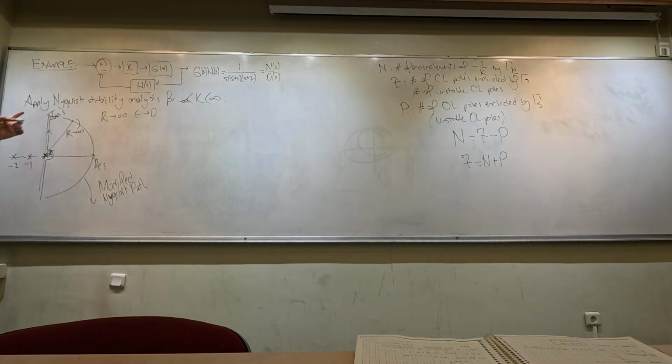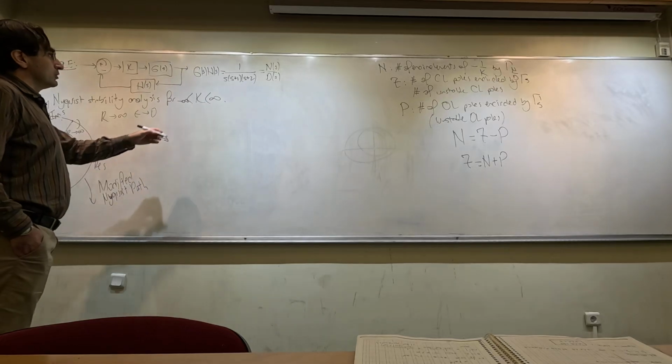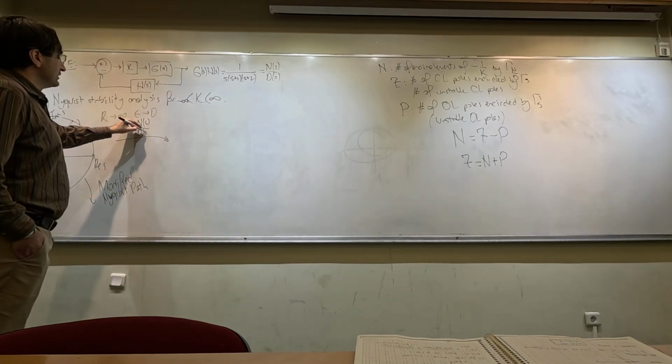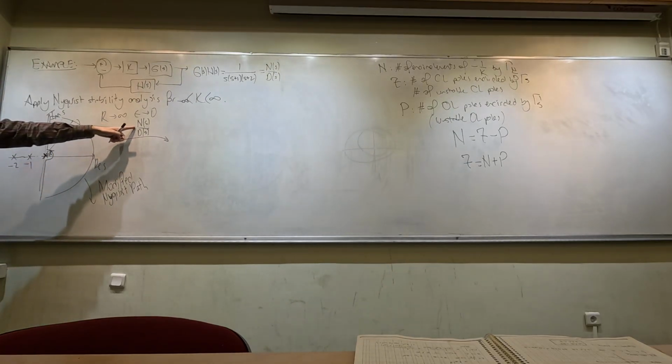And now we are going to draw the Nyquist plot for this system. Okay? That is why I'm going to be transforming this contour by this n over d, n of s divided by d of s. I will transform each point on this contour by this transformation.